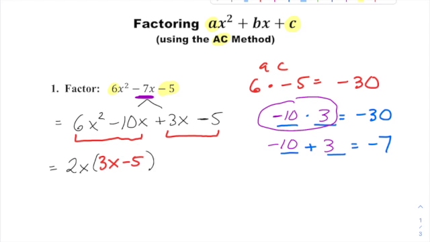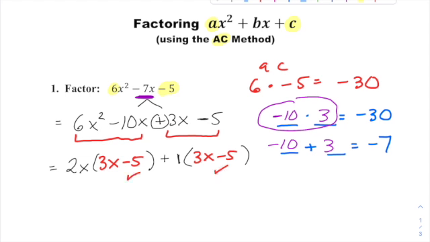Out of this second group, it starts with a positive, so I'm going to factor out a positive, and in this case, just a 1. That's really the only thing you can take out. But when you take out 1, you're not really changing it, and so you're still left with 3x minus 5, which is what you want to happen with grouping.